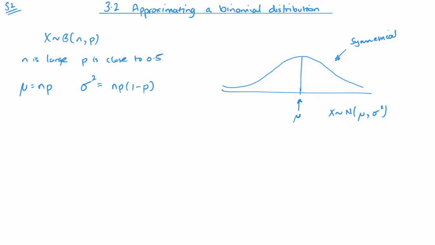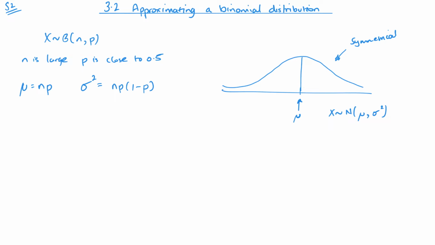Now, why do we approximate binomial with normal? It's quite simple. We didn't always have calculators that could do a lot of this work for us. When you're doing your A-level, your tables normally go up to n equals 50. What do we do when n is larger than 50? That was part of the problem.